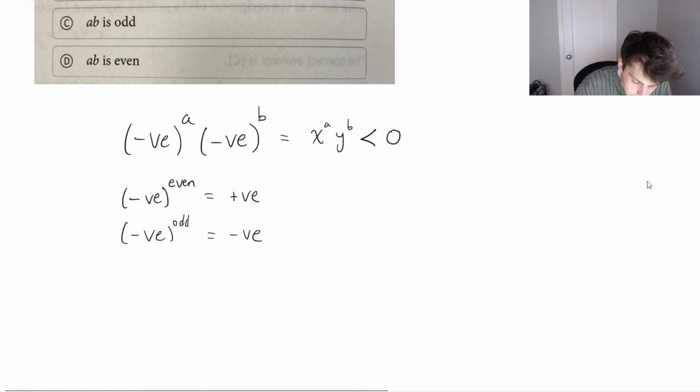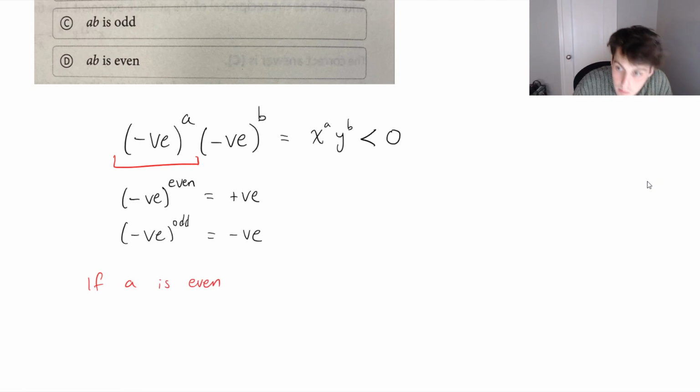Let's look at just the first term. If a is even, then x to the power of a, we can see here it's this case, is going to end up as a positive value. So then x to the a is greater than 0.